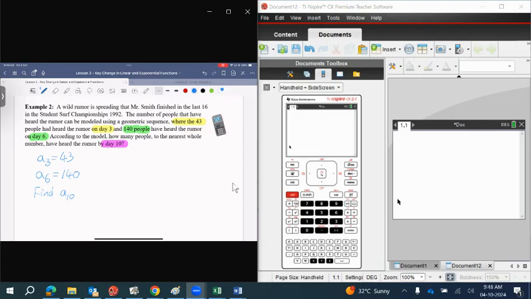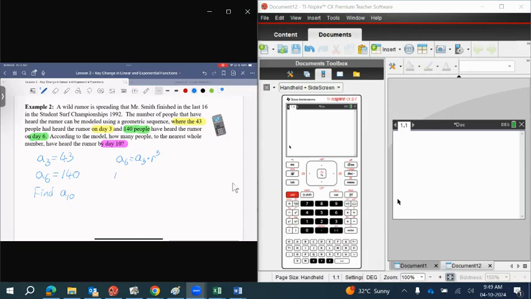First up, we need to find the constant common ratio. So we can say that A6 is equal to A3 multiplied by 3 lots of the common ratio. So we get this equation.